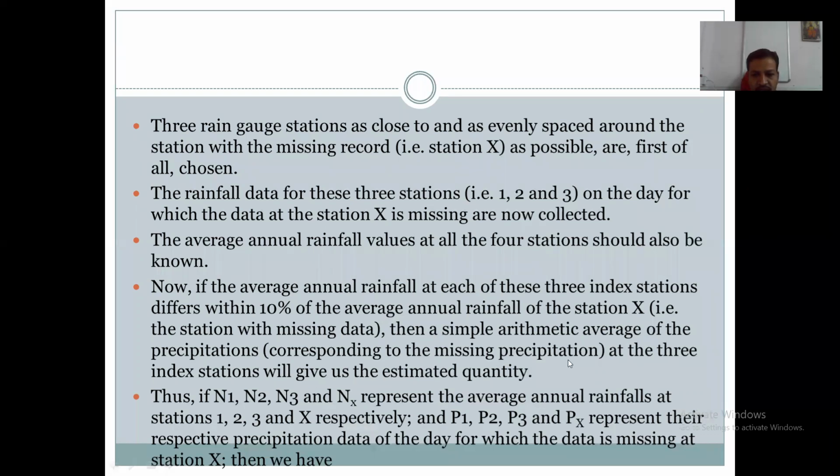We give the names N1, N2 and N3 to the average annual rainfall of the 3 stations, and NX is the average annual rainfall of the missing rain gauge station.